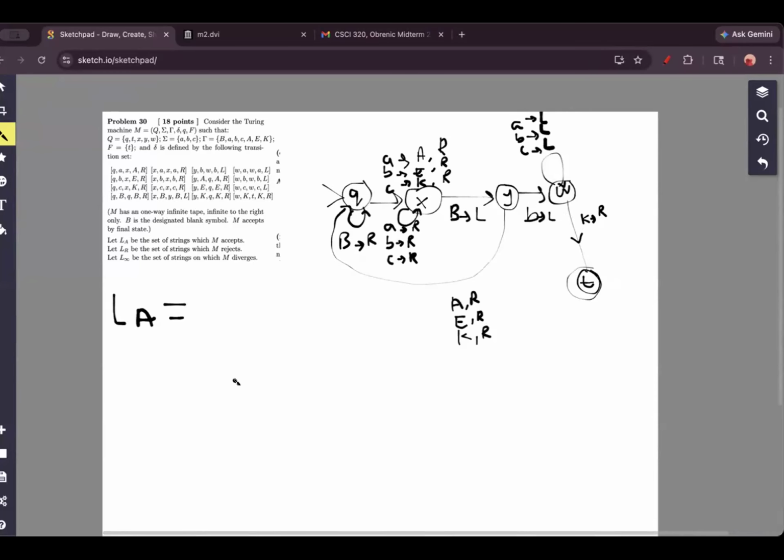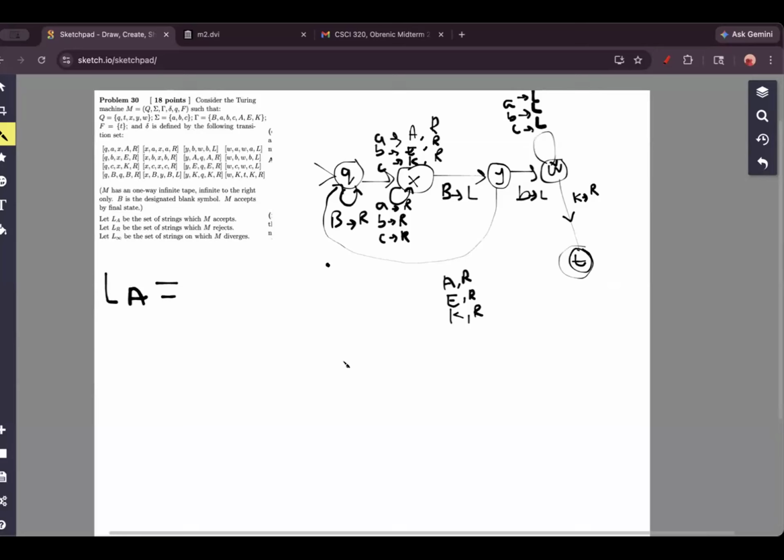So in Q, I want to go to X. I don't want to diverge in Q, so I would want to encounter A, B, and C. A or B or C in Q. And then I turn them into A, E, and then K. And then I transition to X.